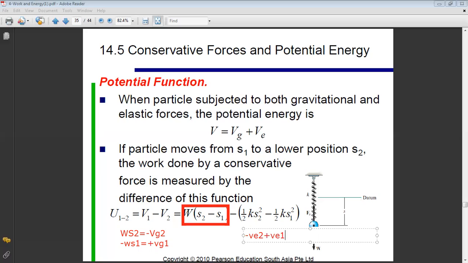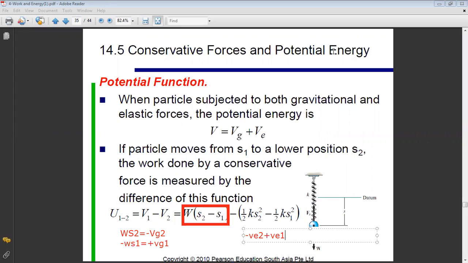From here, we can conclude that for any conservative force, the work is V at state 1 minus V at state 2, because it applies for the weight and it applies for the spring. So instead of the sum of work as we usually do, we can replace it by V1 minus V2, where V1 represents the total potential, including gravitational and elastic, and V2 also is the total potential at state 2.